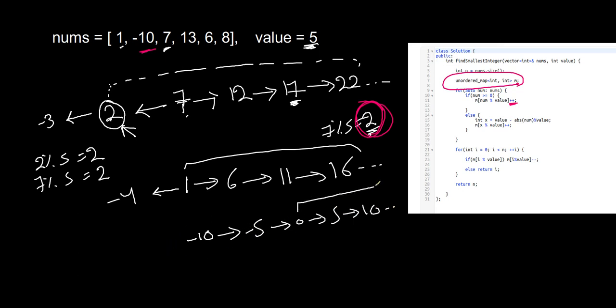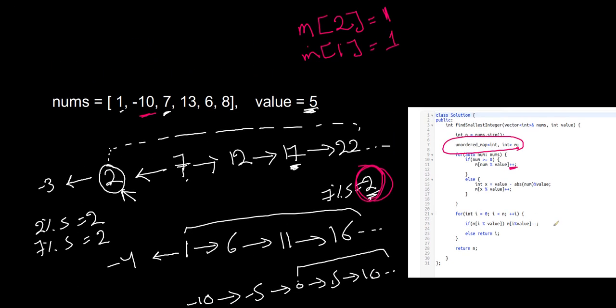And the mod for these values is 0: 0 mod 5 is 0, 5 mod 5 is 0, 10 mod 5 is 0. So in the dictionary we store of mod, which is 0, equal 1. We increase it by 1.